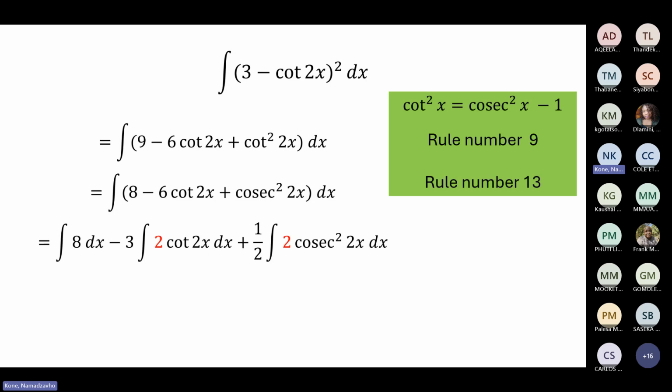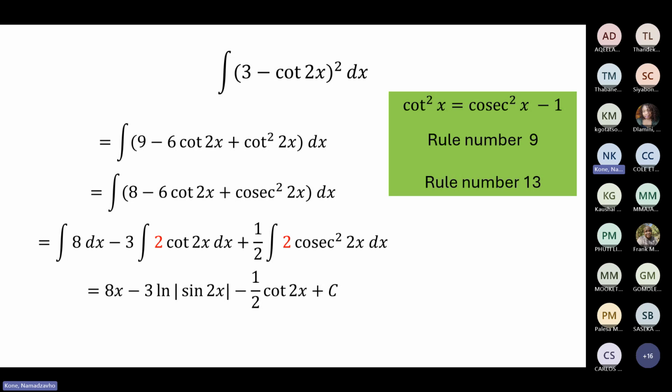And then the rest of the other integrals, you read them from the information booklet, and you get rule number 9 and rule number 13, and you get that the integrals are as follows. For the integral of 8, from x to the power 0, you add 1 and divide by the result, which will give you 8x. Then minus 3, the 3 which was there outside, just comes down as it is. And according to rule number 9, the integral of cot 2x is ln of sine of 2x.